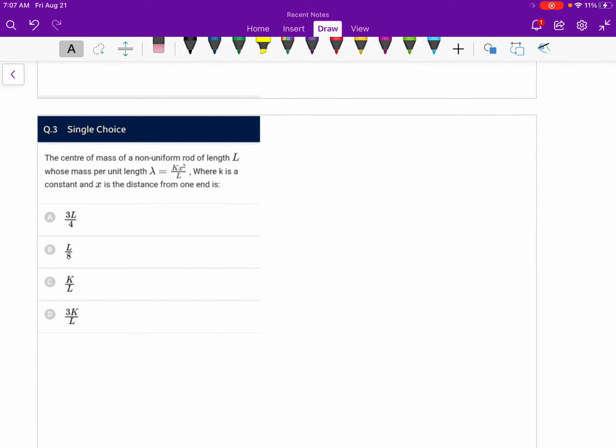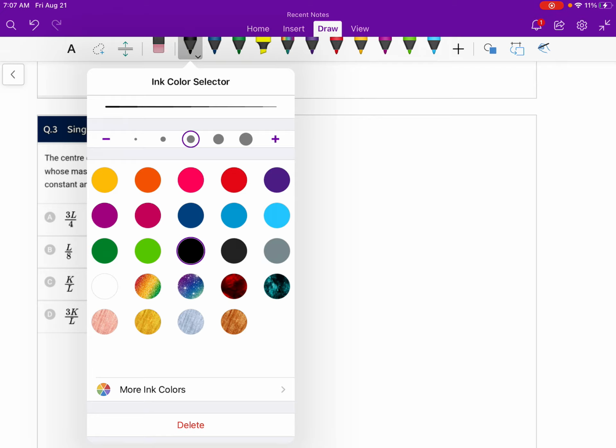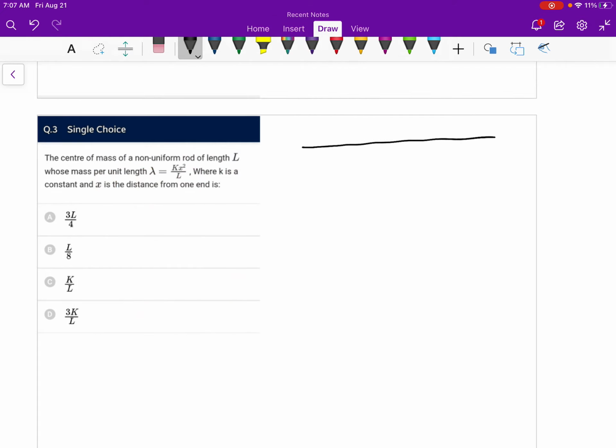The center of mass of a non-uniform rod of length L, where mass density is kx square upon L. So this is the rod. Say this is x equals 0 and this is x equals L. So at a distance x from origin, let's consider an element of length dx.